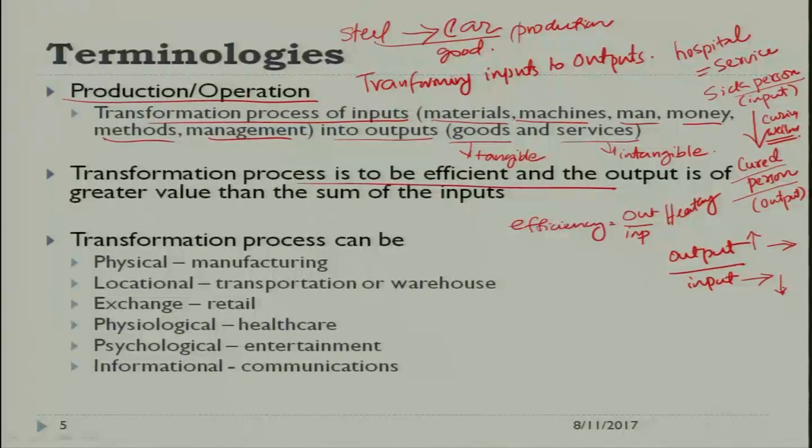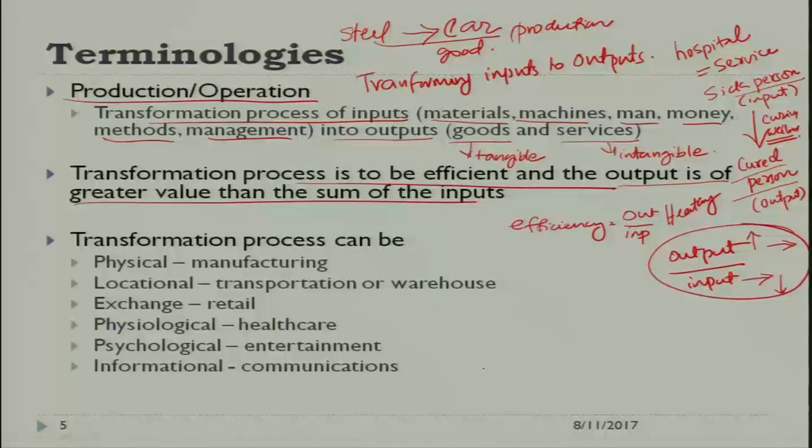To a large extent this is the concept that we will be operating upon. Either we maintain the same input and increase the output, or we maintain the same output but decrease the input. So the idea is this: output is of greater value than the sum of the inputs.